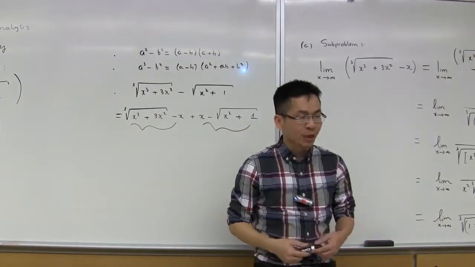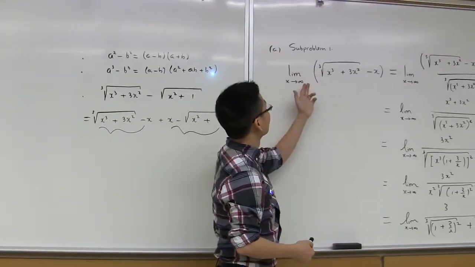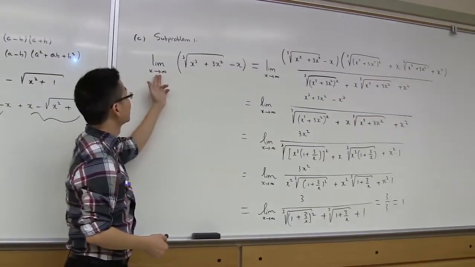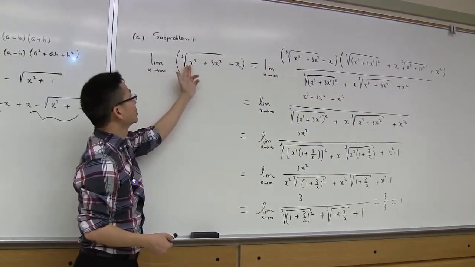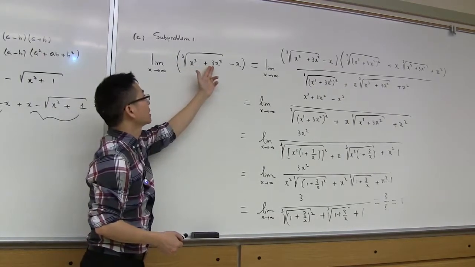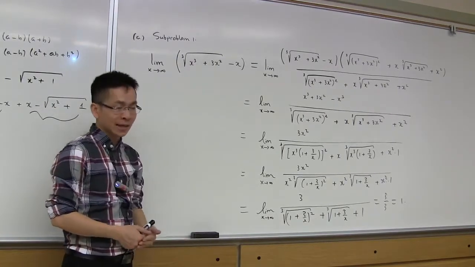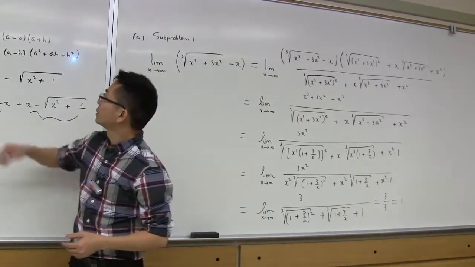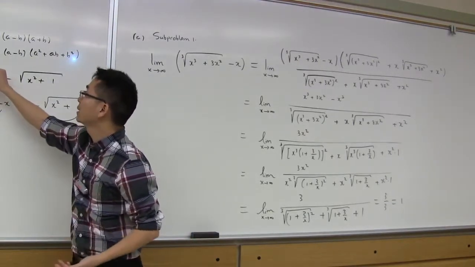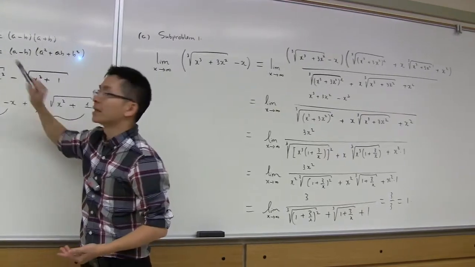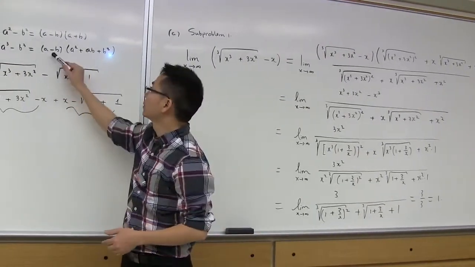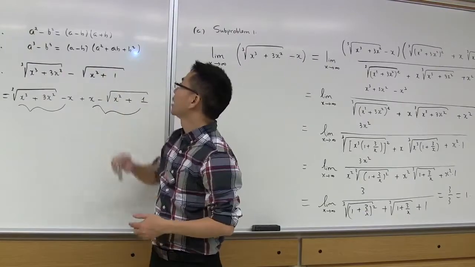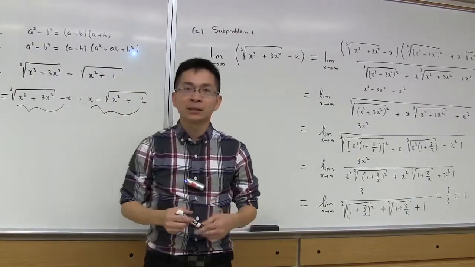So in the first subproblem, we are going to compute the limit as x approaches infinity of the cube root of x to the third plus 3x squared minus x. Okay, and now we are going to use the following formula: a to the third minus b to the third is equal to a minus b times a squared plus ab plus b squared.